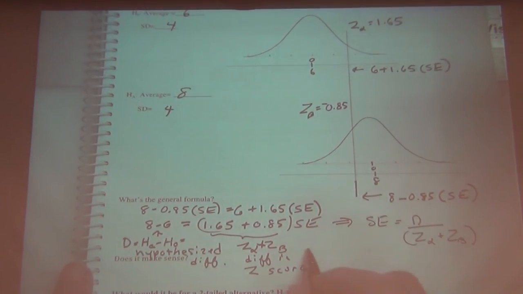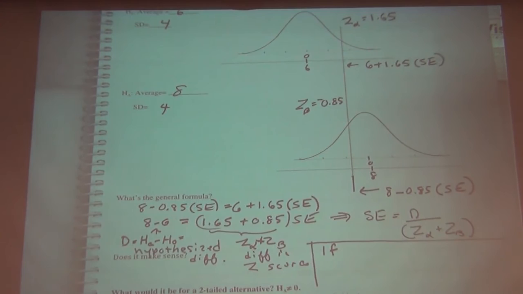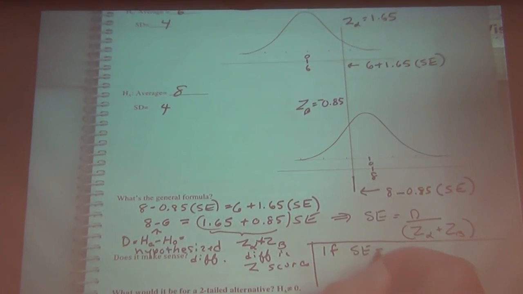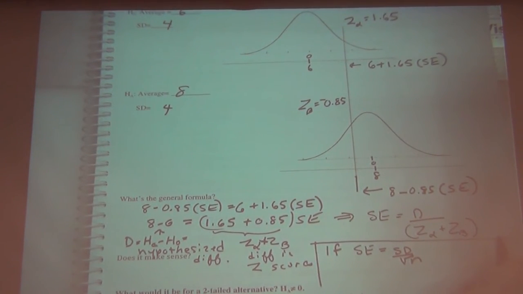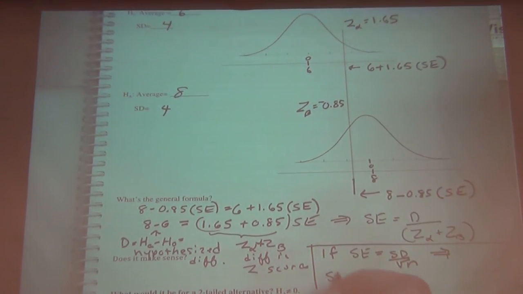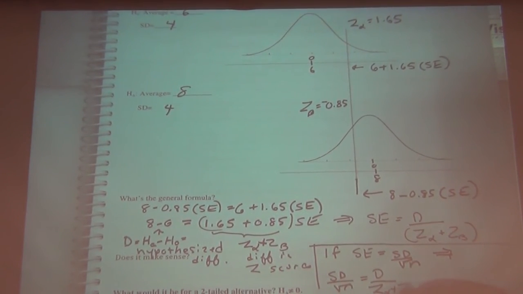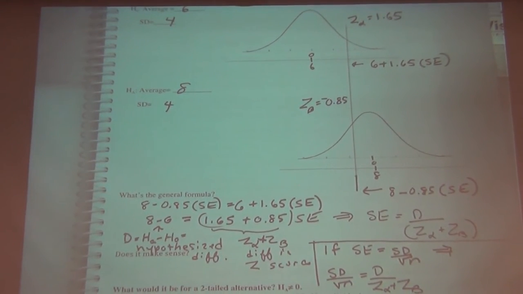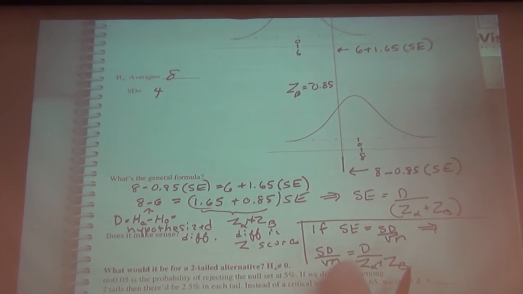And then we can say, if, like in this case, the standard error is equal to SD over root N, well then we have SD over the square root of N is equal to D over Z alpha plus Z beta. And then you can solve for N. If we solve for N, you cross multiply, you solve for N, then you square everything.